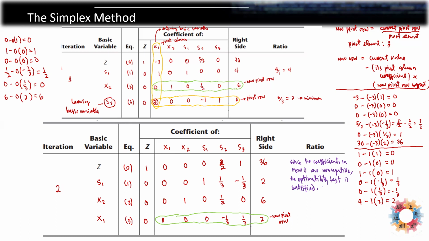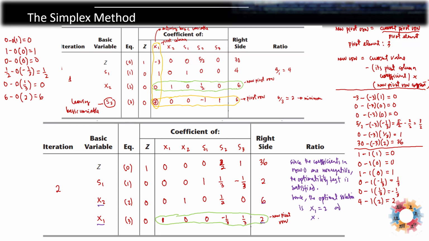Now, what is the implication? The implication is we have the optimal solution. And what is the optimal solution? The optimal solution is, look at your basic variable here. You have x1, this x1 here is equal to 2. So x1 is equal to 2 and x2 is equal to 6.